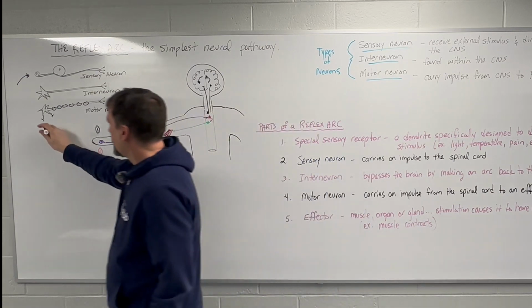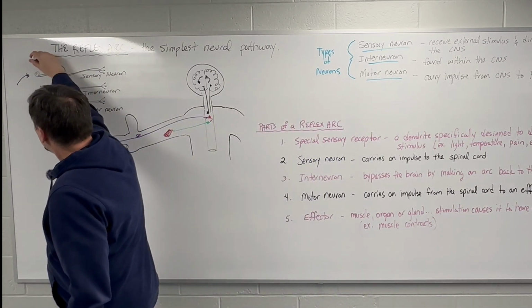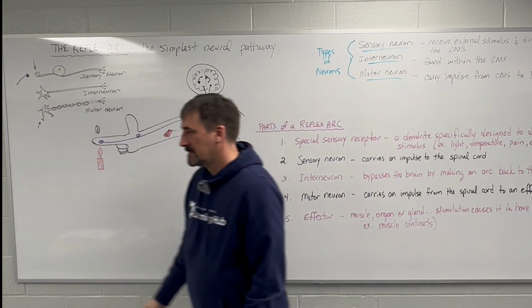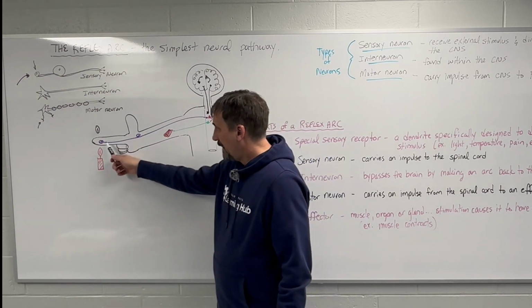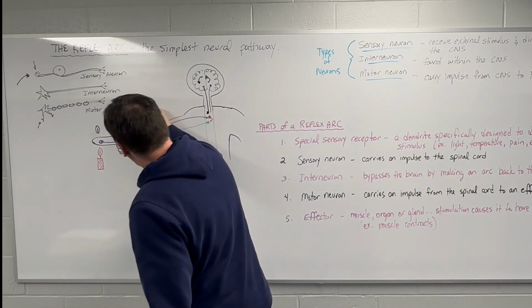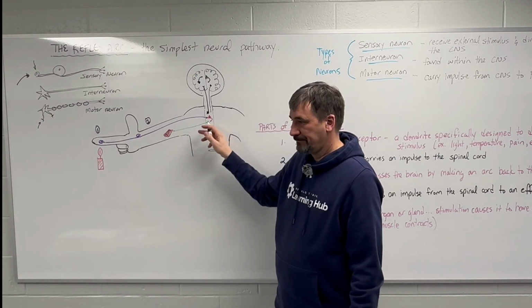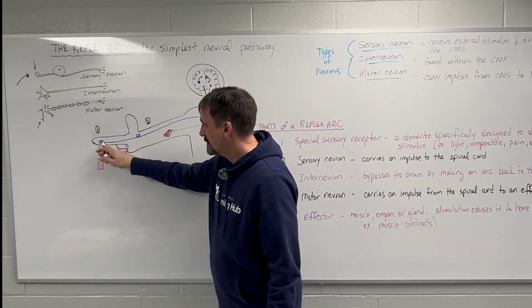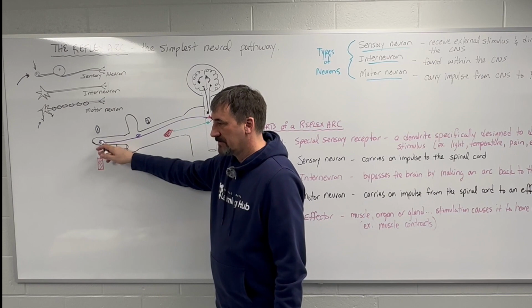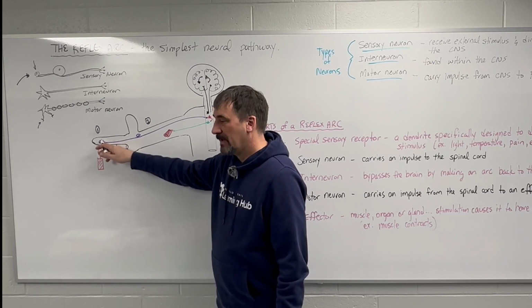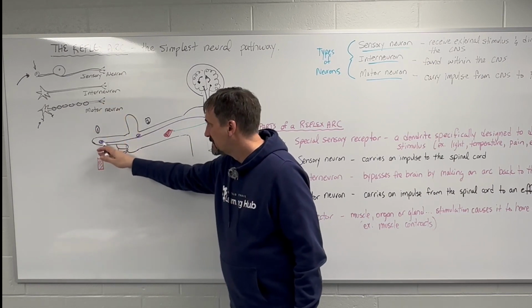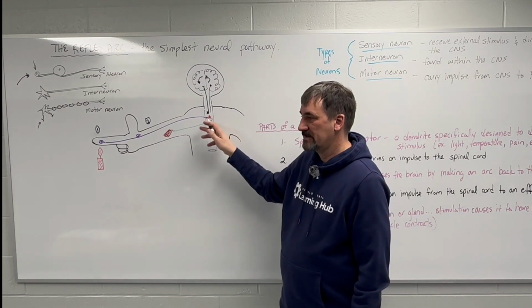It's like these guys have dendrites, these guys also have dendrites, they're just specialized. And then we have number two, which is the sensory neuron. Its job is to, once threshold is overcome and is detected by its own little fancy dendrite, send a message to the central nervous system.